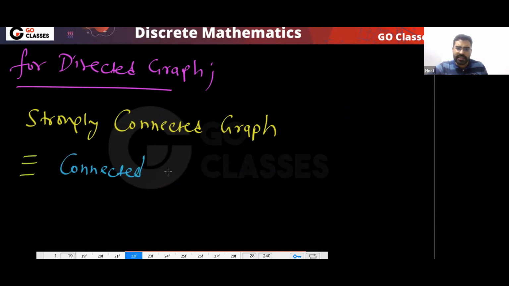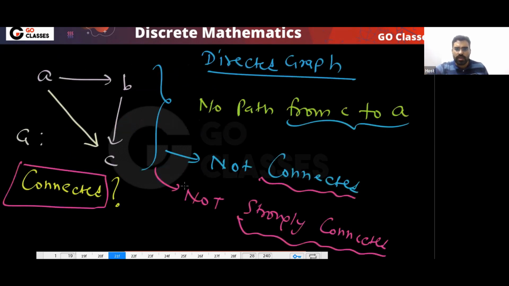By default, when I say connected graph for a directed graph, that is the same as strongly connected graph. So this graph is not connected, or not strongly connected, because we cannot go from C to A.